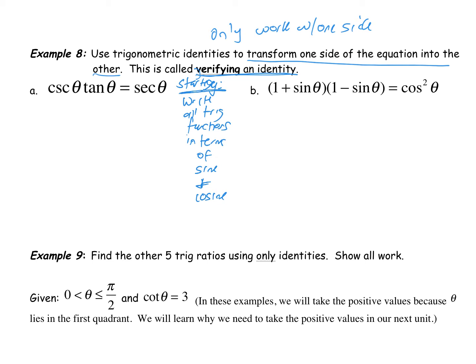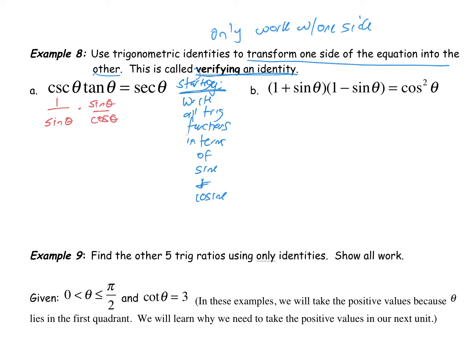So we can look at cosecant theta. If we want to write that in terms of sine or cosine, we can recognize the reciprocal identity and write cosecant theta as 1 over sine theta. And then tangent theta, we can use the quotient identity and rewrite that as sine theta over cosine theta.